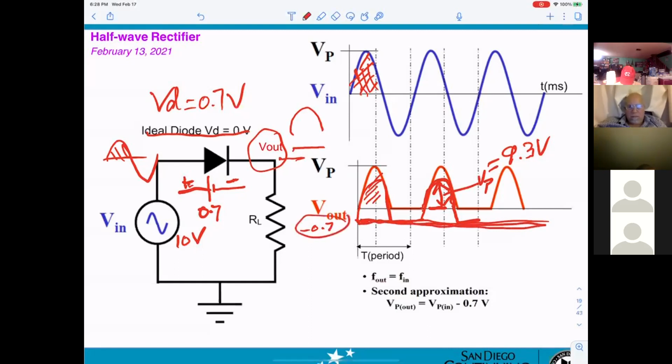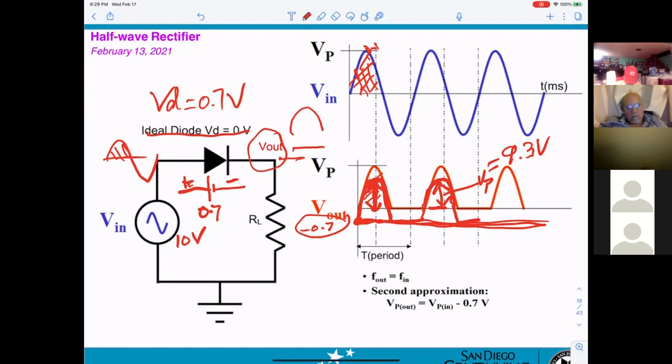Okay. Then the sideways, it cannot go up to the top exactly like the input here. The thing is, it will start from this minus 0.7 to go up here. And then it goes down. So if they ask you to calculate the V peak for the output, I say V peak must be from 0 to the top.